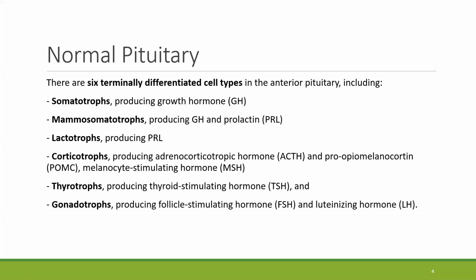Thyrotrophs produce thyroid stimulating hormone, gonadotrophs produce FSH and LH. So the lactotroph produces prolactin, and the mammosomatotroph is a mixed type of cell that produces both prolactin and growth hormone.